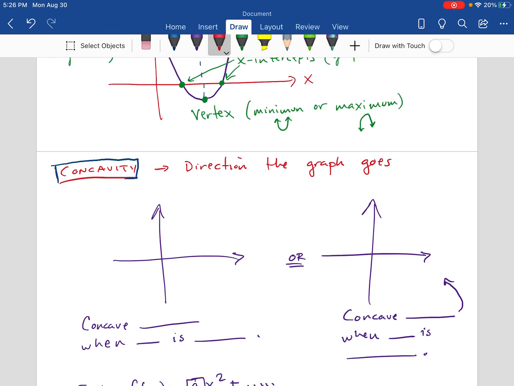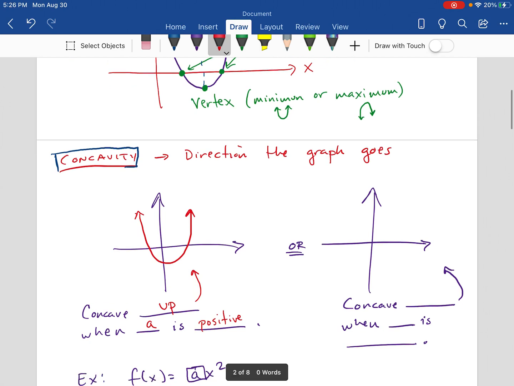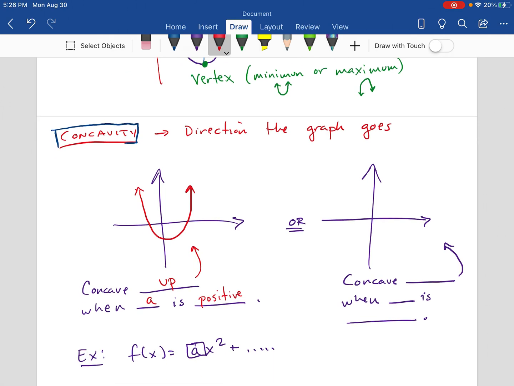It's either going to look like a U, so it's going to go up, and we say that is concave up because it's going up, when a is positive. And I will give you examples of what that means. If I have f of x is equal to ax squared plus whatever after, and this a is a positive number, then my graph is going up.